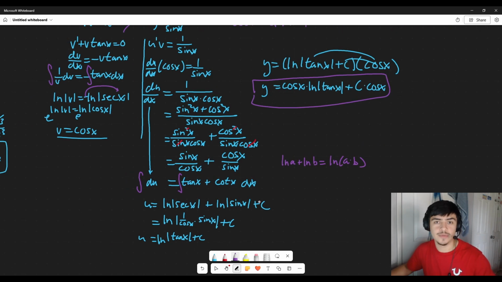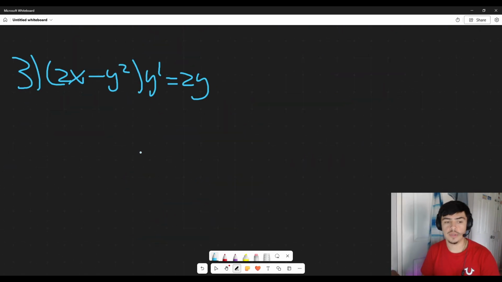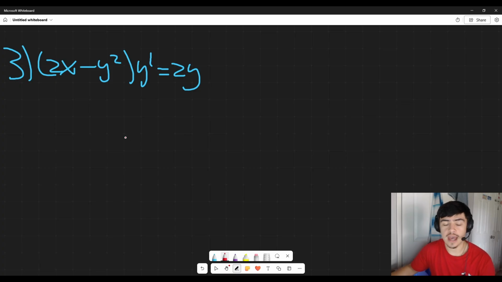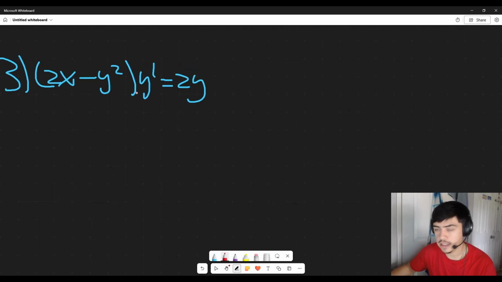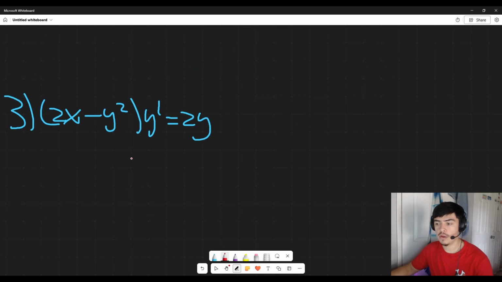And I want to do one more example for you guys. So for our last example here, we have the differential equation 2x minus y squared, all times y prime, equaling 2y. But it's very important to notice that this is not actually a linear differential equation in terms of y, because a linear differential equation is where we have y prime, and it's not being multiplied by a y, and the y's are to the power of 1.